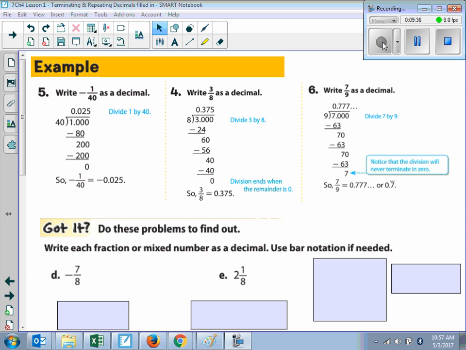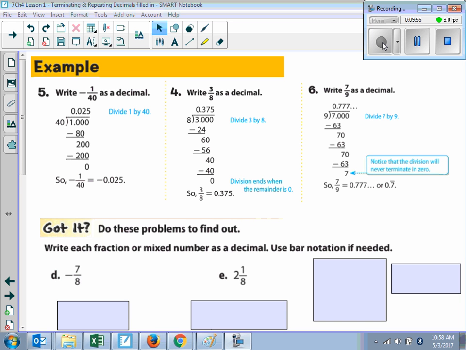So when we divide a fraction, is everybody listening? When you change a fraction to a decimal, you're going to divide the numerator divided by the denominator.